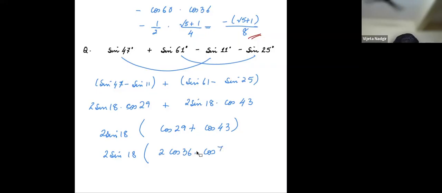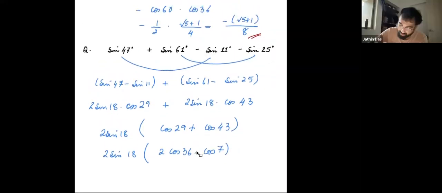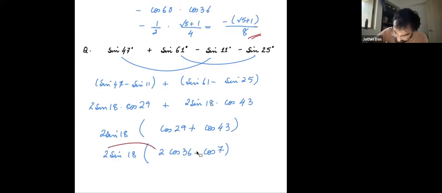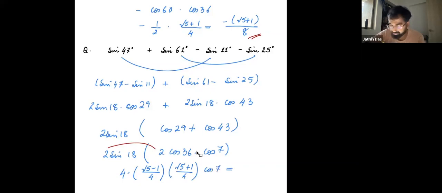So cos 7. Now 2 into 2, I can write 4. 4 into sin 18 is this. Cos 36 is this. And cos 7, we don't know. Keep it as cos 7.